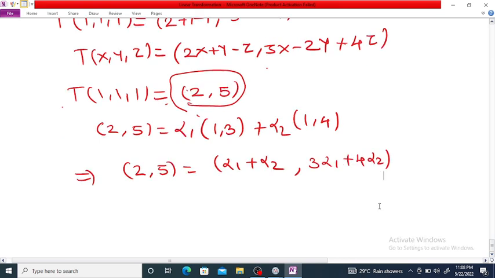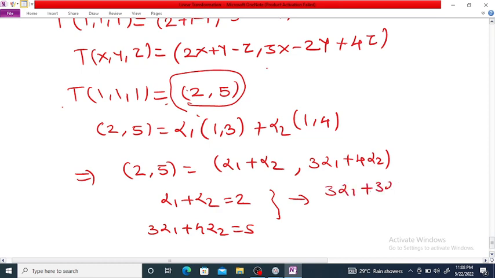So alpha 1 plus alpha 2 is equal to 2, and 3 alpha 1 plus 4 alpha 2 is equal to 5. We multiply the first equation by 3, giving 3 alpha 1 plus 3 alpha 2 is equal to 6, and the second equation stays equal to 5.